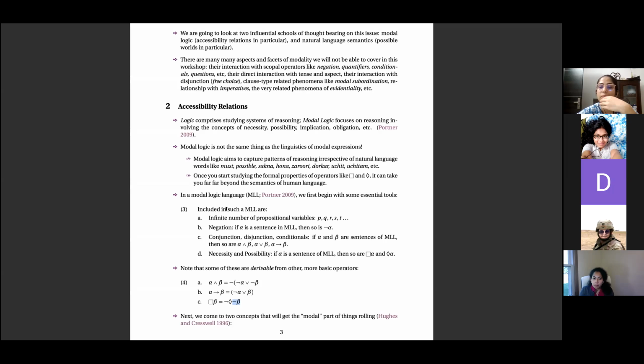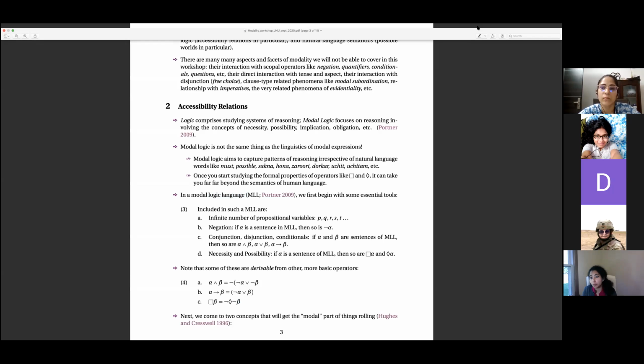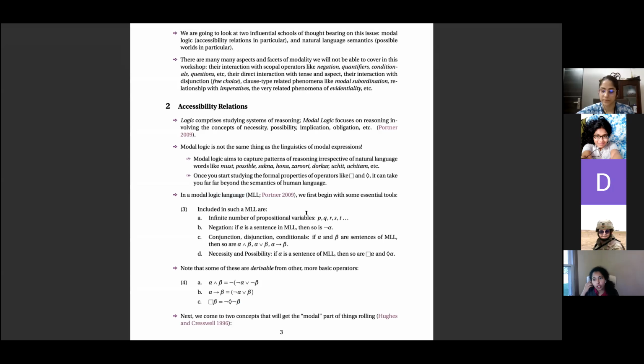In this modal logic language, we have not included subsentential elements, if that makes sense. If you're trying to capture verbal elements, you need a more powerful system. This is just looking at propositions because it's modal logic. Does that make sense? Yeah. So your verbal is subsentential, and then we would need other things. Okay.